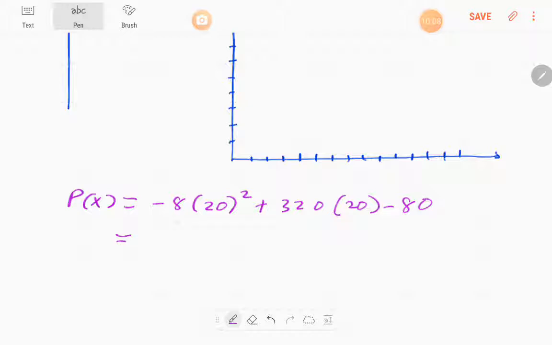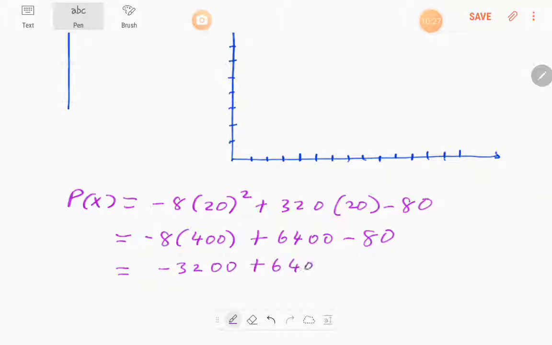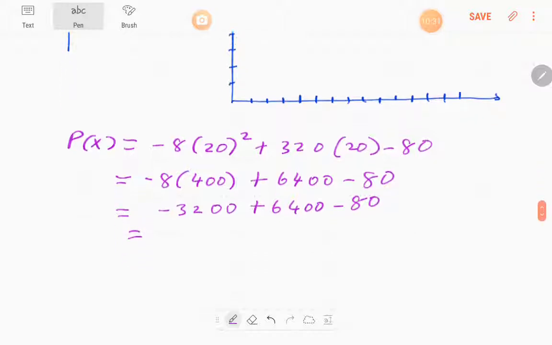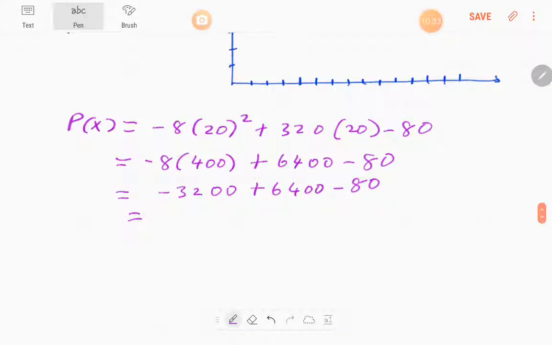So this would give us minus 8 times 400 plus 6400 minus 80. And so this becomes minus 3200, and if we finish working this out, that should be 3120.